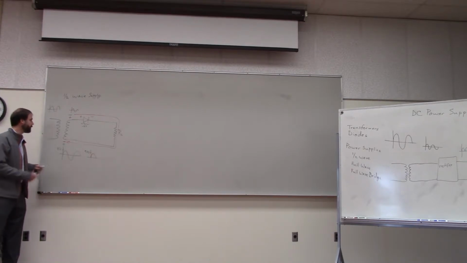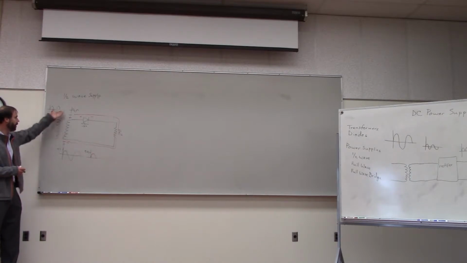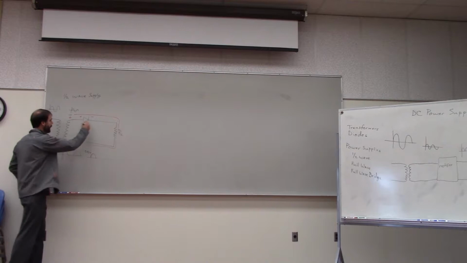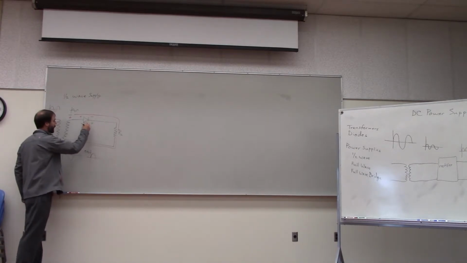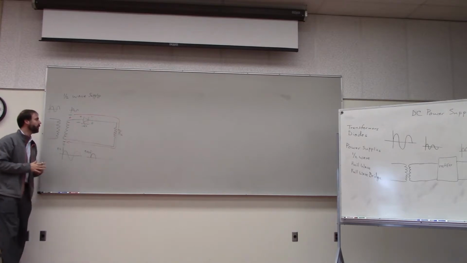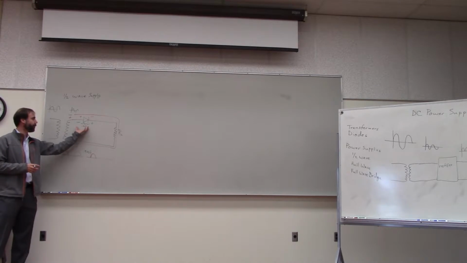All right, so then let's look at the second case, where we have a positive voltage down below and a negative voltage on the top. Here, we have a positive voltage on the cathode and a negative voltage on the anode of our diode. Is that forward biased or reverse biased? Reverse. It's reverse biased. So is the electricity going to flow through it?